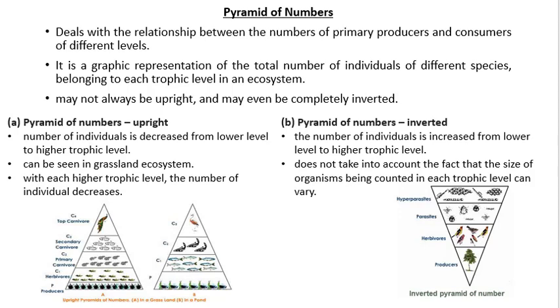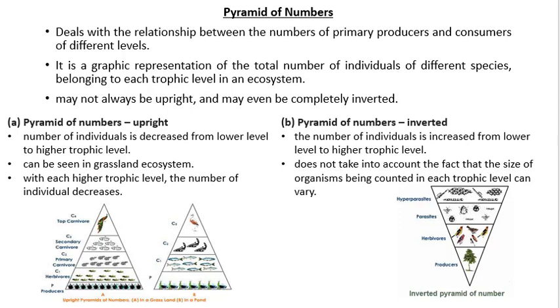Pyramid of numbers includes the upright and the inverted. In the upright pyramid of numbers, the number of individuals decreases from lower level to higher trophic levels, which can be seen in grassland ecosystems. With each higher trophic level, the number of individuals decreases.